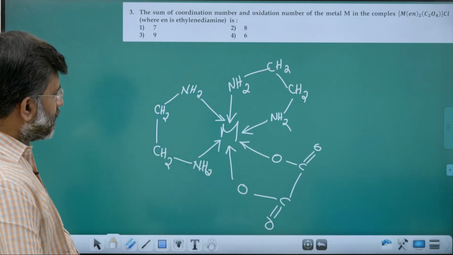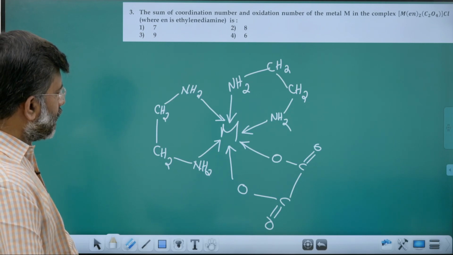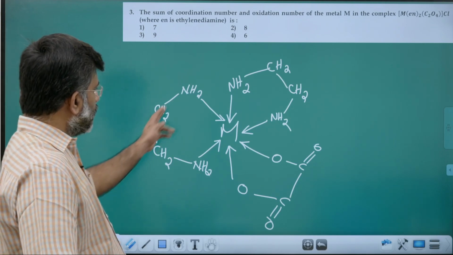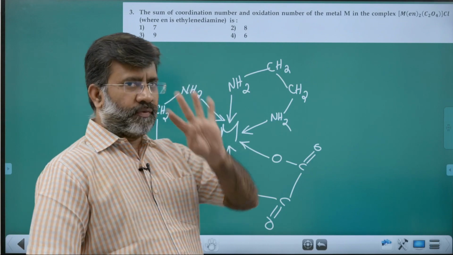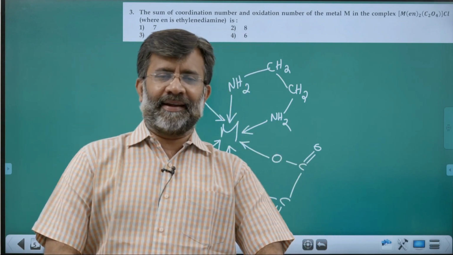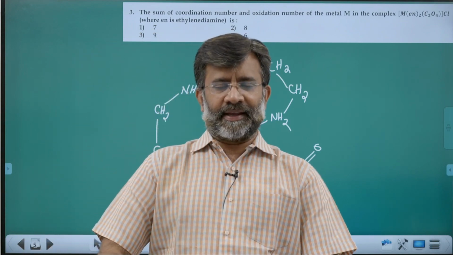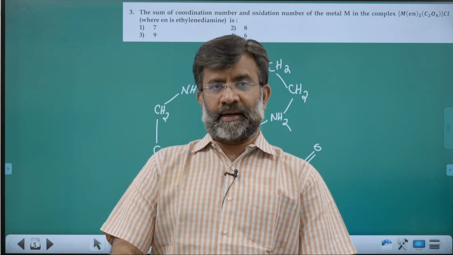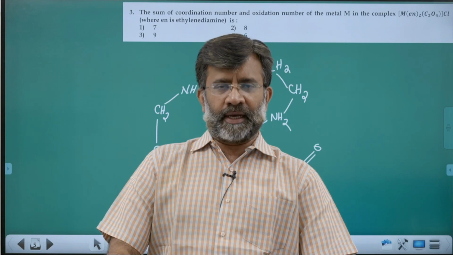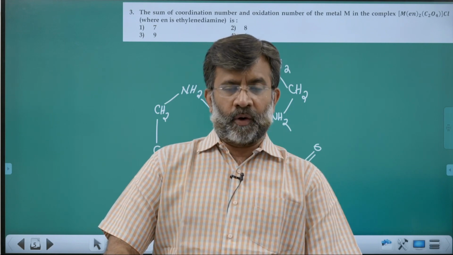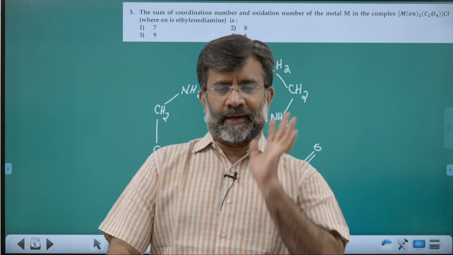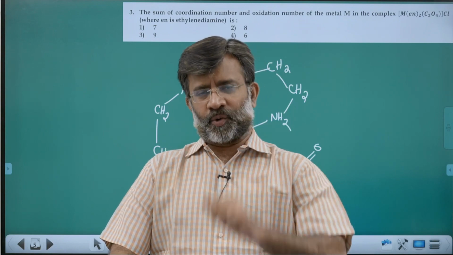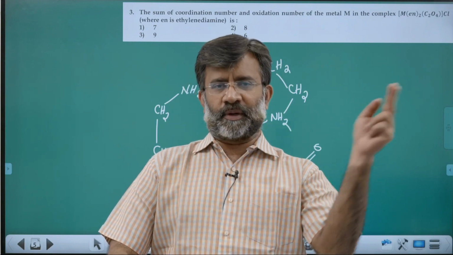You see that? It is basically an octahedral complex. So 2 ethylenediamine makes 4 bonds because it is didentate. Ethylenediamine is didentate. So 1 ethylenediamine, 2 bonds. 2 ethylenediamine, 4 bonds. Oxalato is also didentate. So 1 oxalato, 2. Say total of 2 plus 2 plus 2, 6.